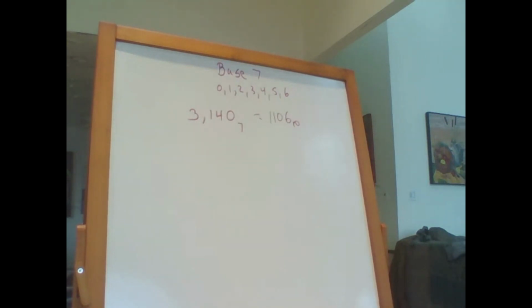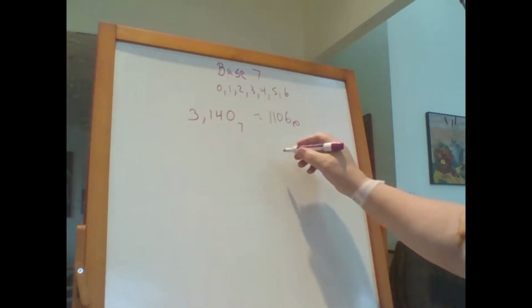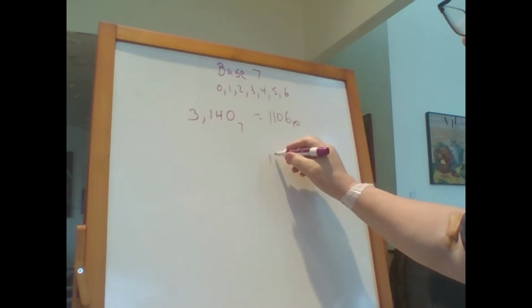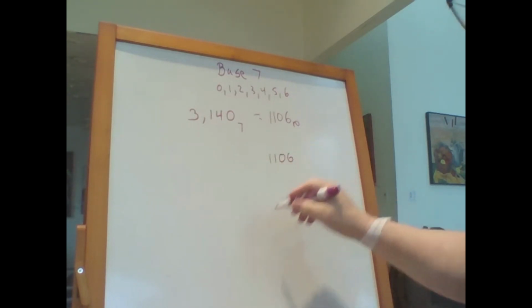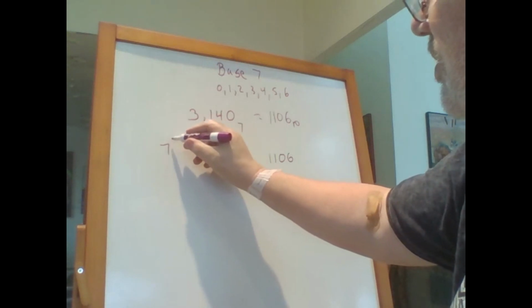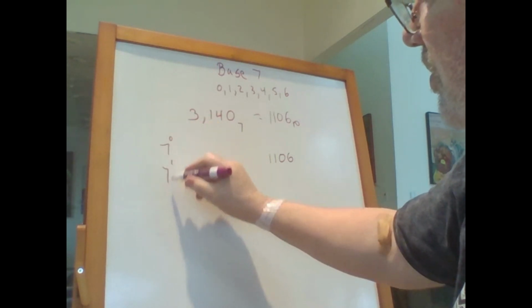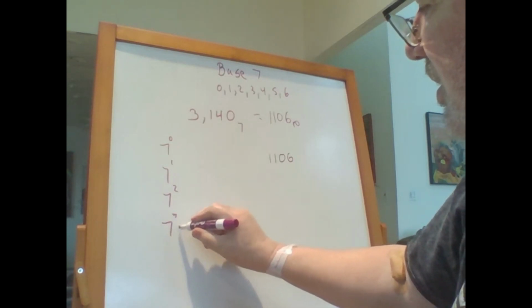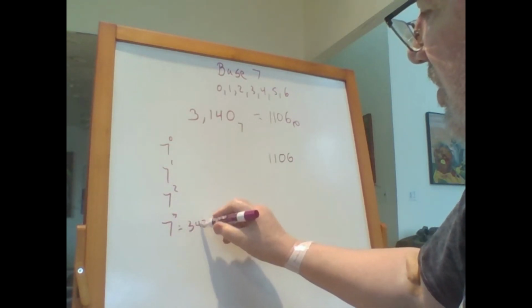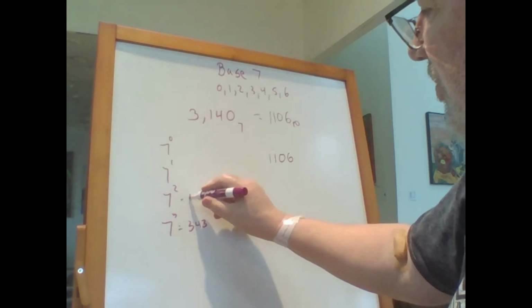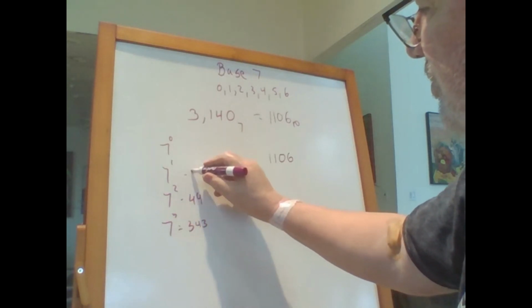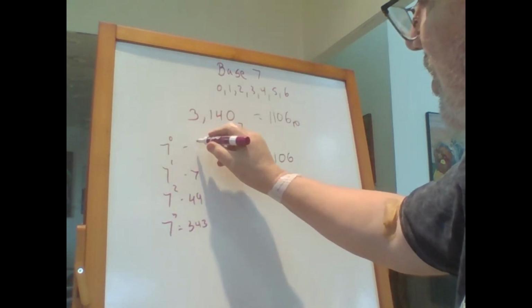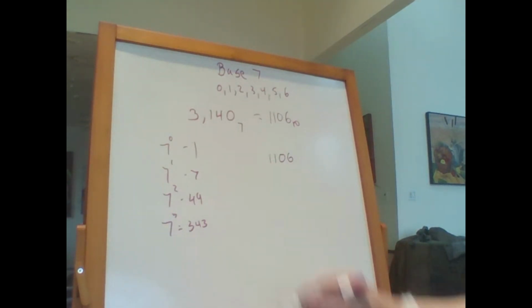Now, converting back into base 7, we just take this, 1106, and we have 7 to the 0, 7 to the 1, 7 squared, 7 to the third: 343, 49, 7, 1.